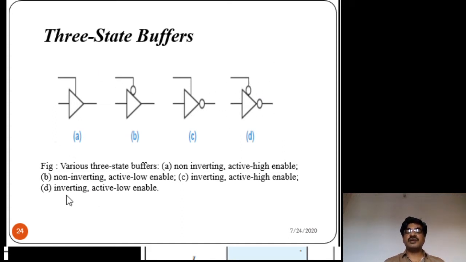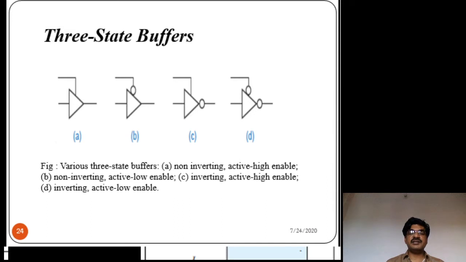So the tri-state buffer has three states: logic 1, logic 0, and high impedance state. Because of the high impedance state, the advantage is that we can observe this at the output of programmable devices and also in some microprocessors.